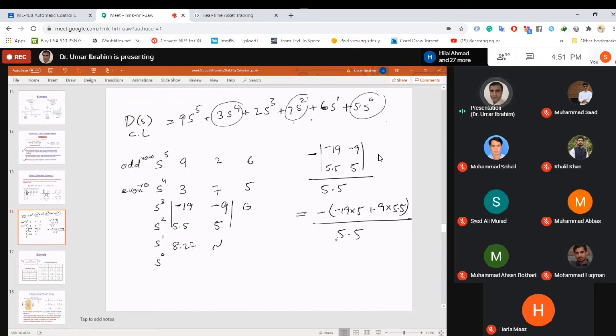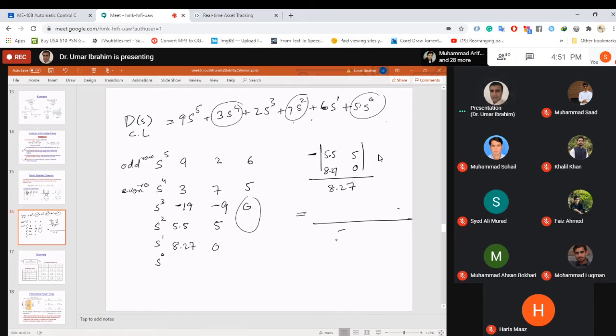For this next value, we will use this one and this one, 0, which will be 0. And for the last one, it will be 5.5, 5, 8.27, and 0, and 8.27.